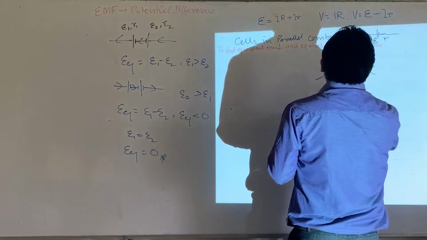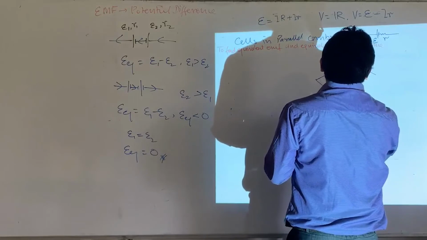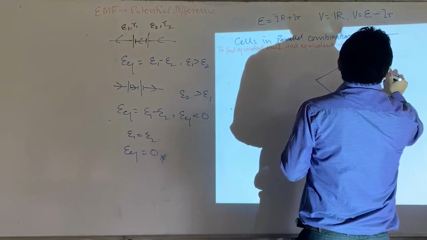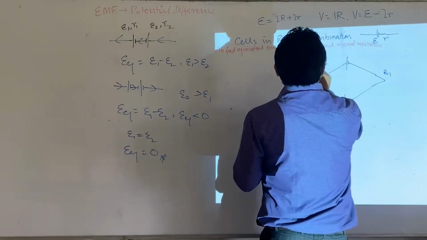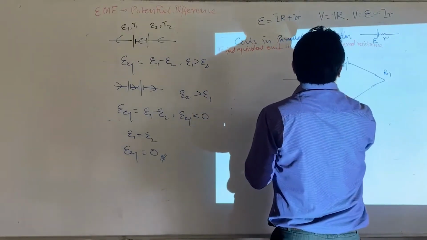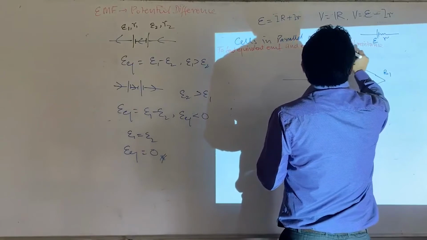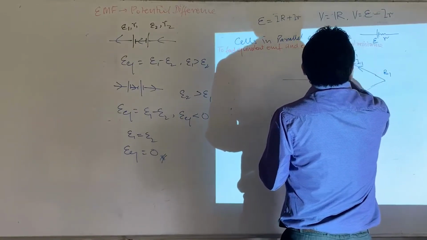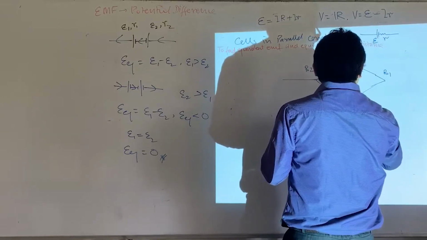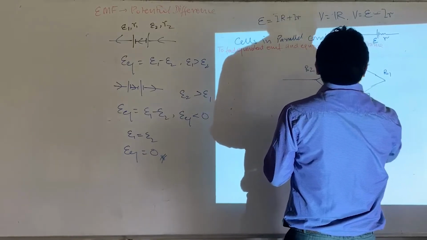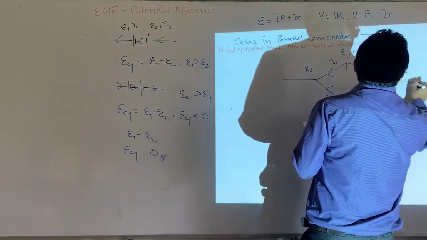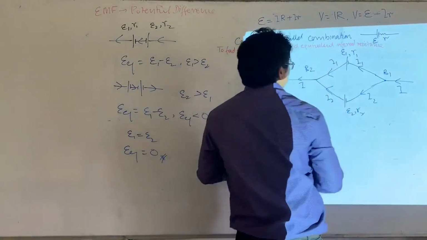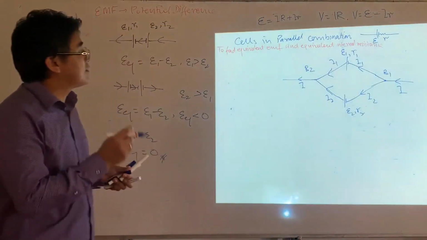Look at here, this is cell 1, this is cell 2. Let's say this is B1, this is B2. EMF 1, internal resistance 1, I1, EMF 2, internal resistance 2, I2. This is going to be I, this is going to be I. This is what I have.